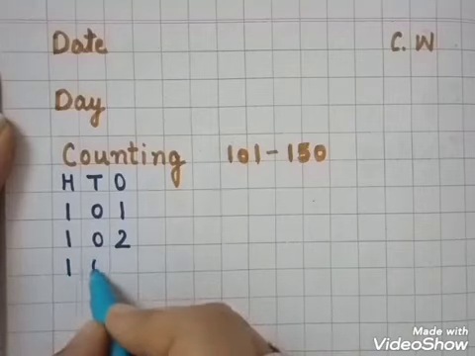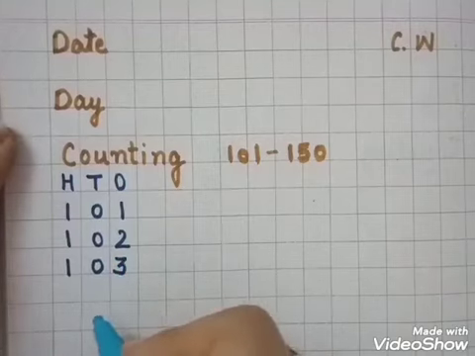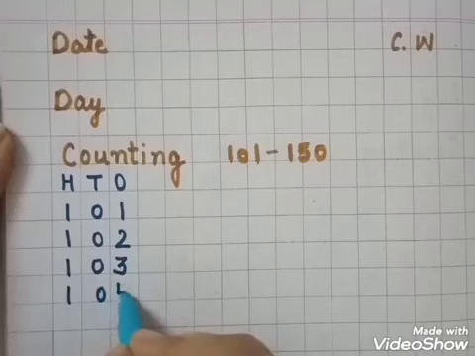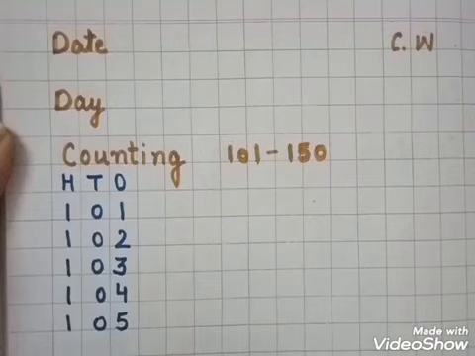Again write down 10 and here 3. It's 103. Now here write down 104, 105.